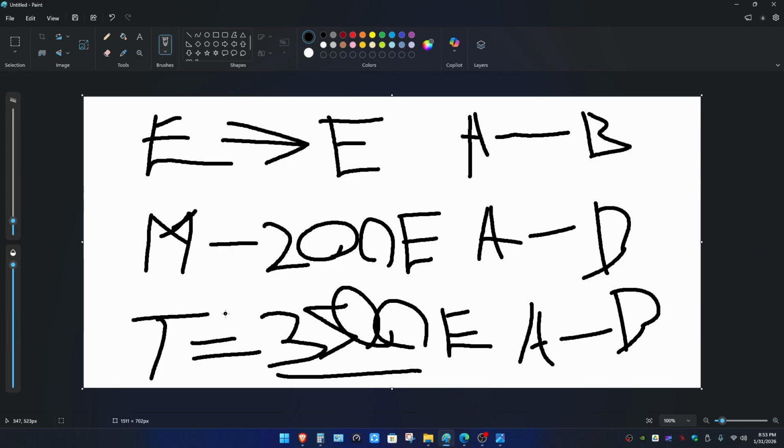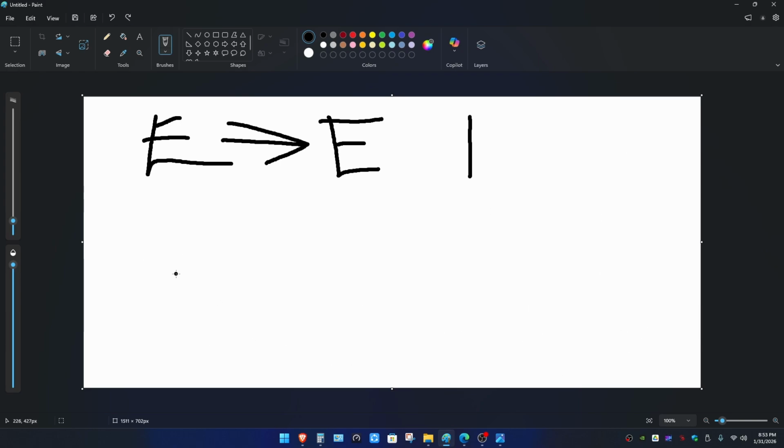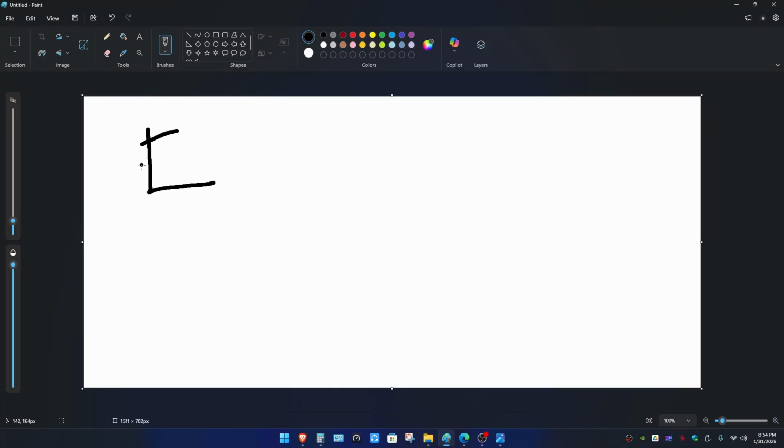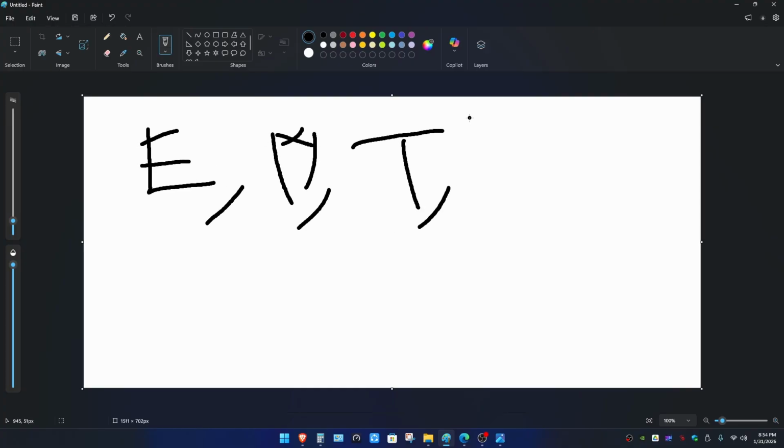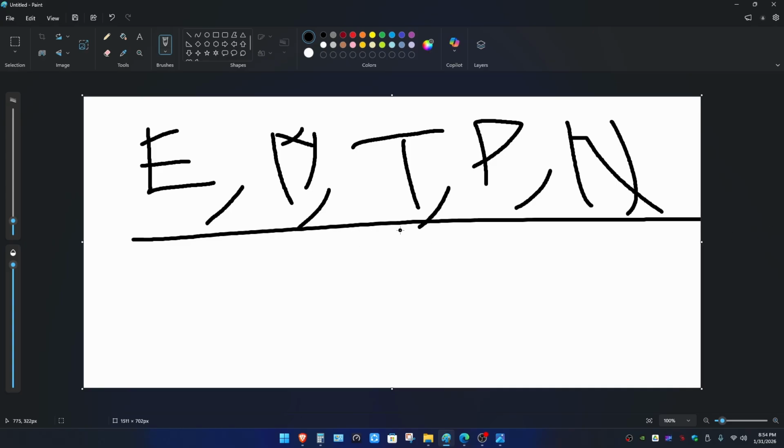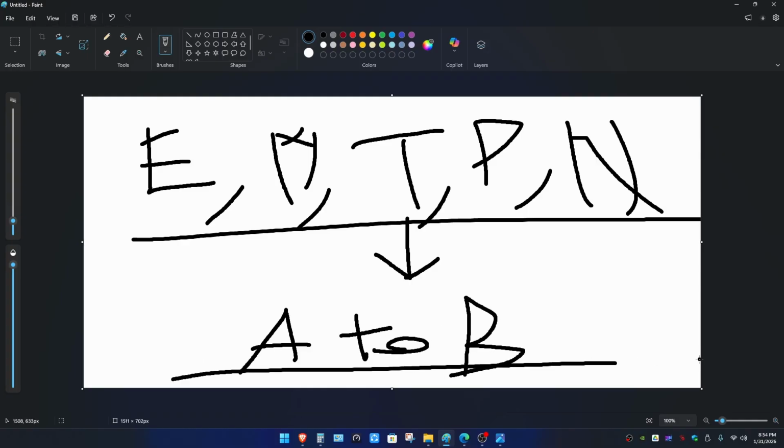So in this way, electron, muon, tau, proton, neutron are all basically a signal amount that they can send from atom A to atom B. Okay, so this is my hypothesis.